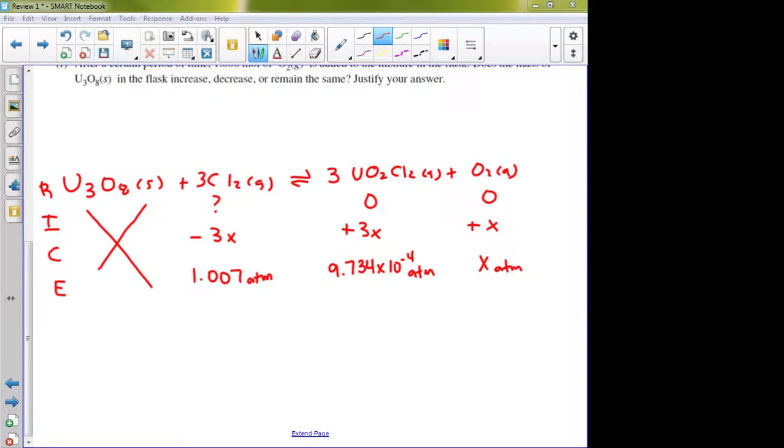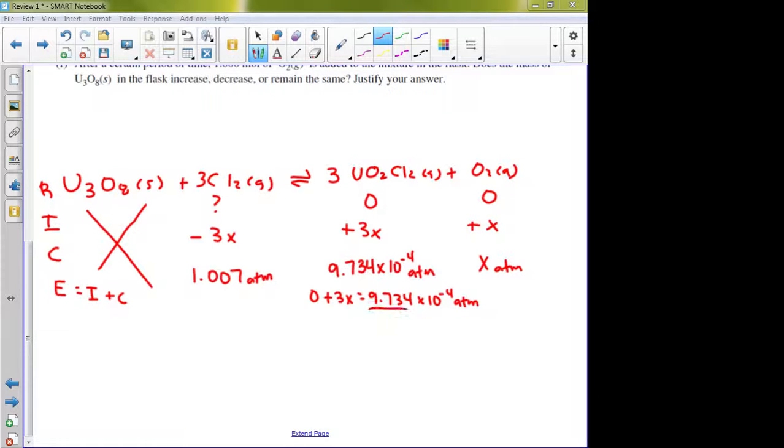Remember, at equilibrium, E is equal to I plus C, right? Your initial plus your change. So that means at equilibrium, this is 0 plus 3x is equal to 9.734 times 10 to the negative fourth atmospheres. Can I solve for x? Just divide by 3, right?